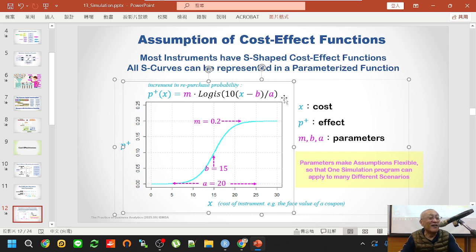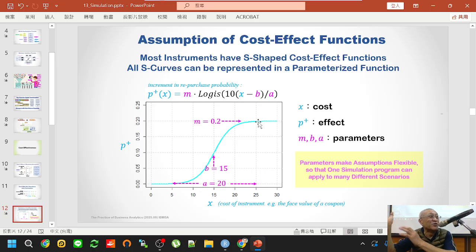The difference is their M, B, A. Some instruments will have a higher maximum effect, some will have a lower. That is the M parameter. Some instruments are more costly, so you will have a larger B, and the S curve will shift to the right. You need to spend more money before you take effect.